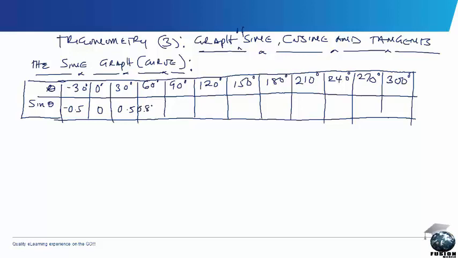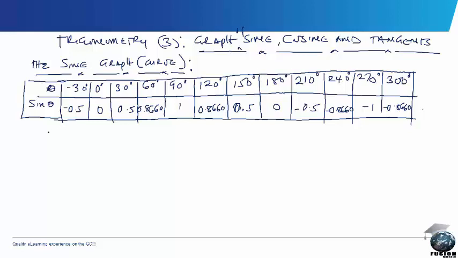For 60 you have 0.8660, and for 90 you have 1. For 120 you have 0.8660, and for 150 you have 0.5. For 180 you have 0. For 210 you have minus 0.5, for 240 you have minus 0.8660, for 270 you have minus 1, and for 300 you have minus 0.8660 again.